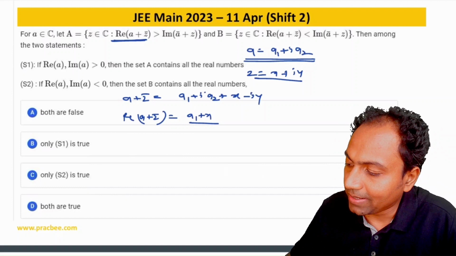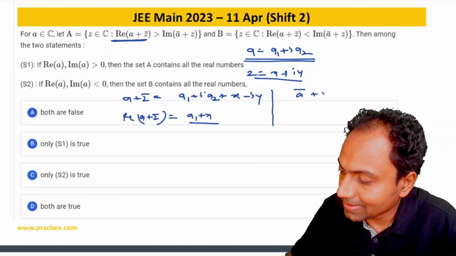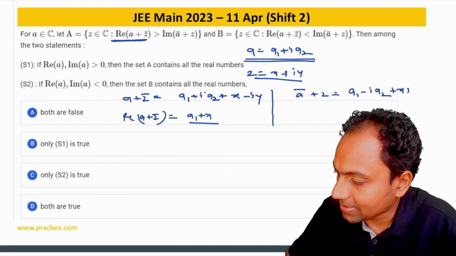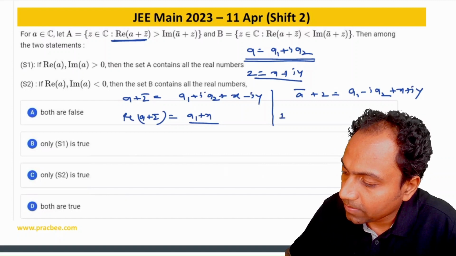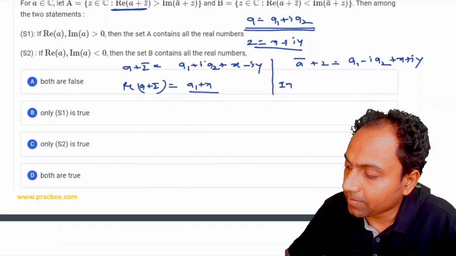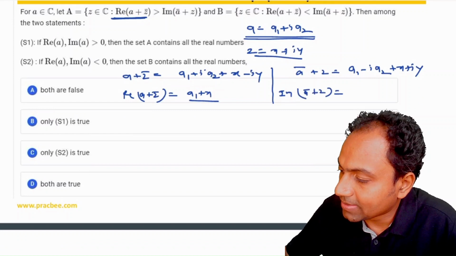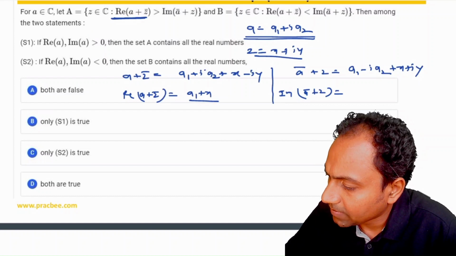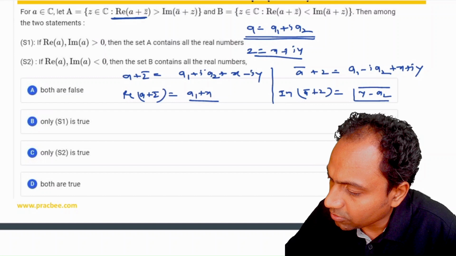Similarly, if I write a bar plus z, it is nothing but a1 minus i a2 plus x plus iy. And if I find the imaginary part of a bar plus z, you can see from here, it can be written as y minus a2, or minus a2 plus y.